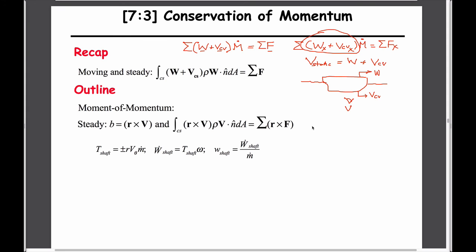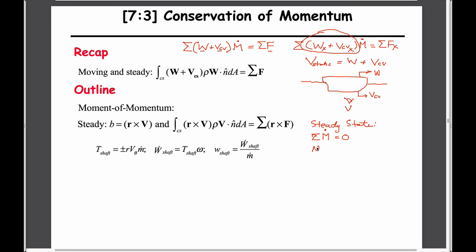We will always look only at steady state problems. And so the ramification of steady state would be that the sum of the mass flow rates is equal to 0.